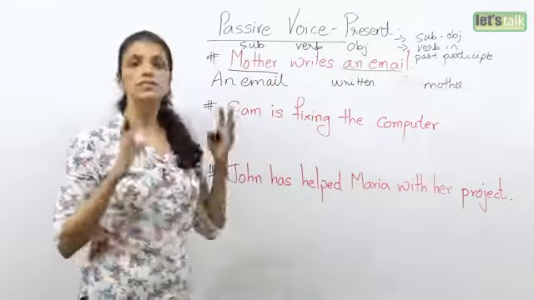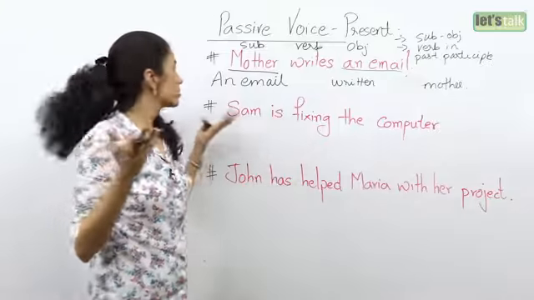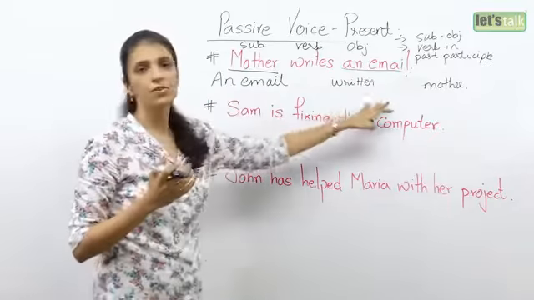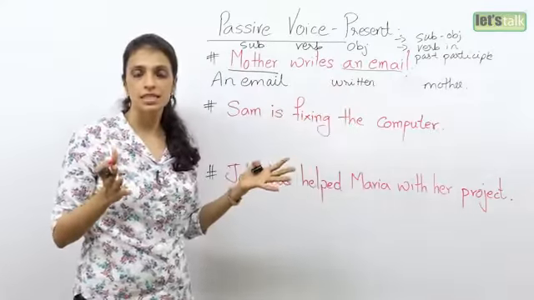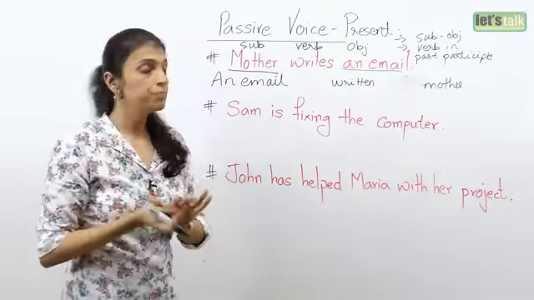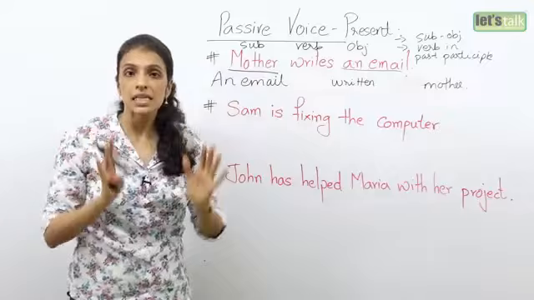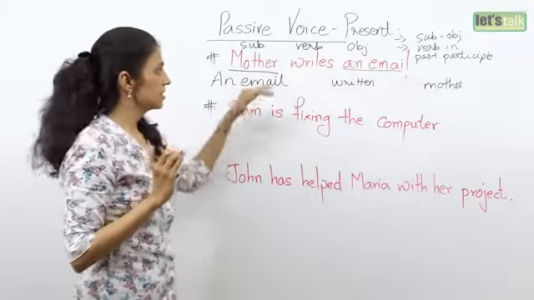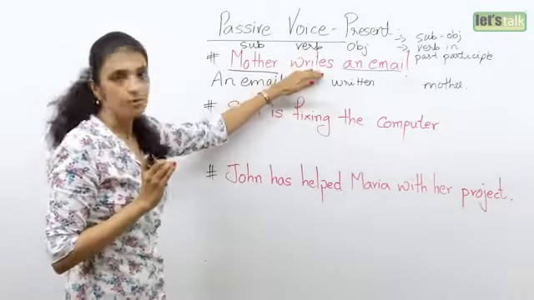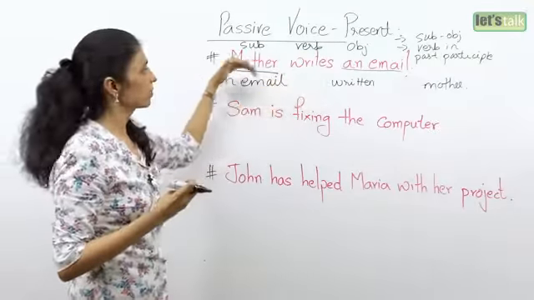Now if I leave the sentence at this, it holds no meaning. An email written mother, it just doesn't make sense. Now remember, you cannot change the tense of the sentence. As this sentence is in the present tense, please make it a present tense. So this is a simple present tense, writes, mother writes.